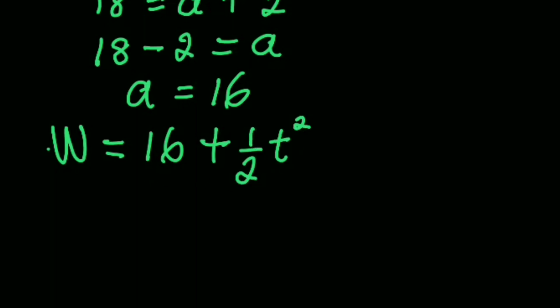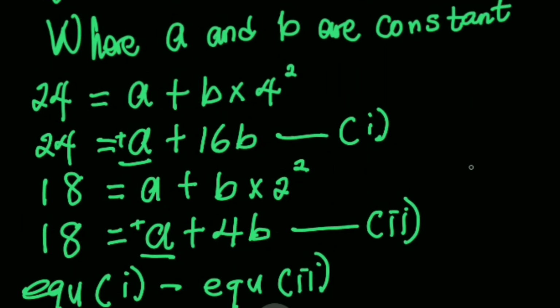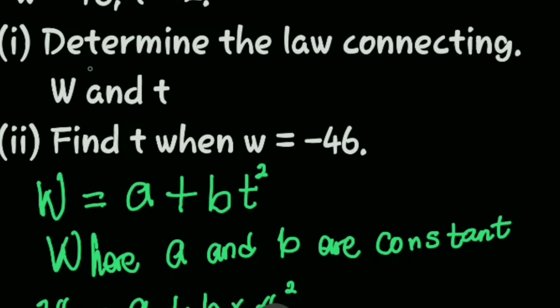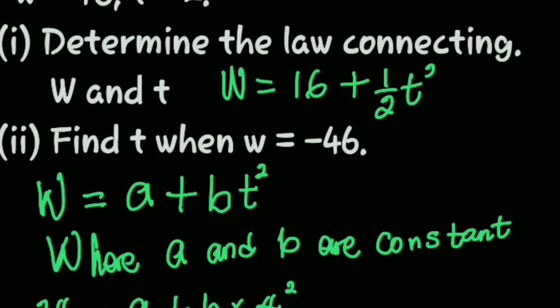So this is the relationship now connecting W and T together. Now with this formula, we can solve any other additional problem relating to this. So the first question here, as we answered, is to determine the law connecting W and T. The law connecting W and T is W equals 16 plus 1 over 2 T squared.